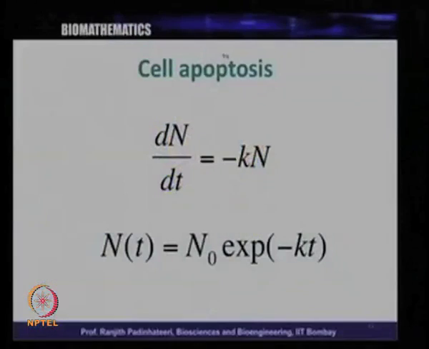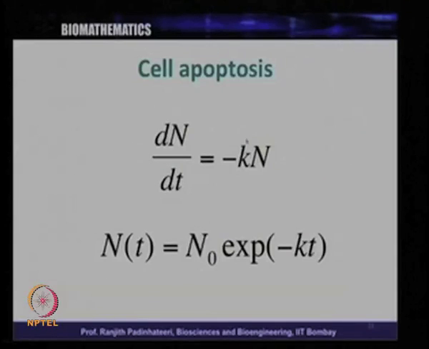So, how do we describe that? Just like we did, a minus sign will do. Like we had this minus sign idea for this. So, let us look at this here. When we have apoptosis, we can describe that by writing dN by dt is equal to minus kN.